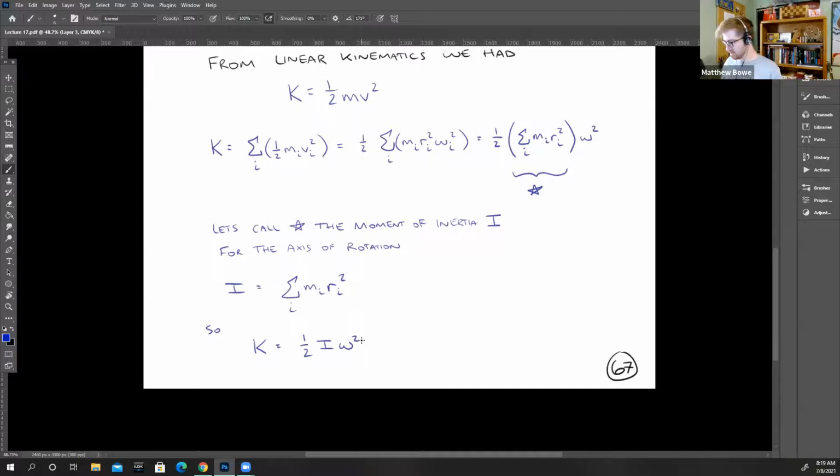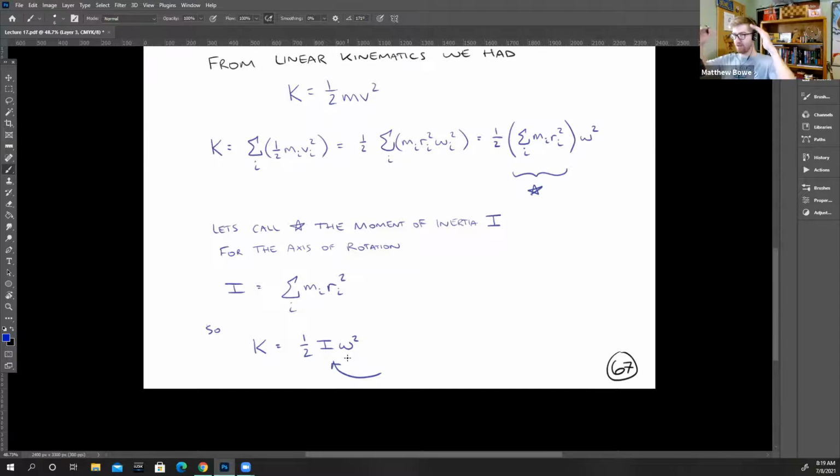You might think this just makes it more complicated. I'm hiding a lot in this variable. Putting another equation inside of an equation doesn't necessarily make it easy to deal with. But maybe we can easily find out what these moments of inertia are for specific objects.